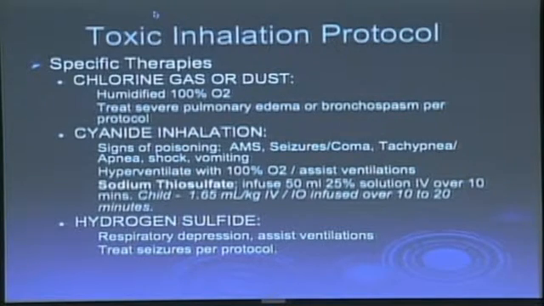You can use the sodium thiosulfate, 25% solution infused over about 10 minutes, 50 cc's. That will not affect your pulse oximetry. Then they go to the closest hospital if the hospital wants to make the choice of treating with the cyano kit. They can do that.